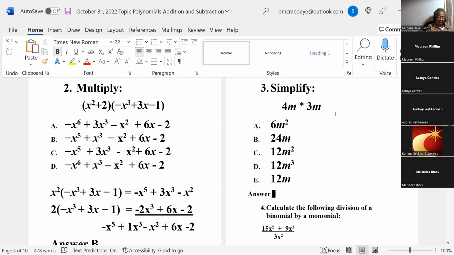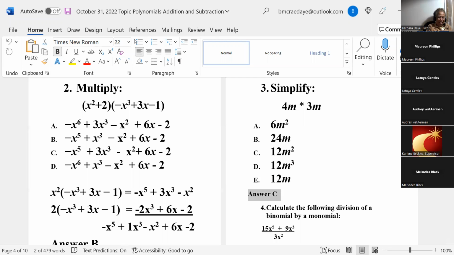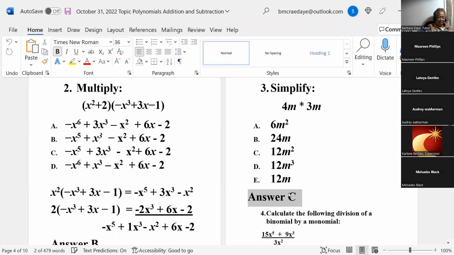Oh, the answer is 2. So what's the answer, Mercedes? C. See, I knew you knew it. That's why I went back over it, because I said, she knows. I forgot to do that part. Just remember your exponent rules. You add the exponents. That's a 1. That's a default 1. Multiply coefficients, you got your 12. And then 1 plus 1 is 2. 12m to the second power.